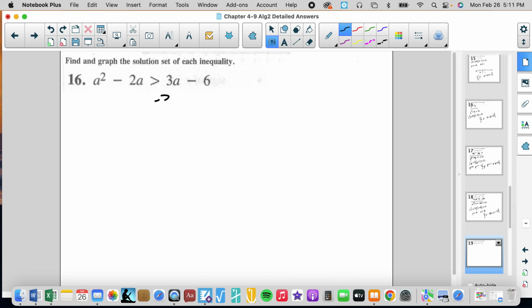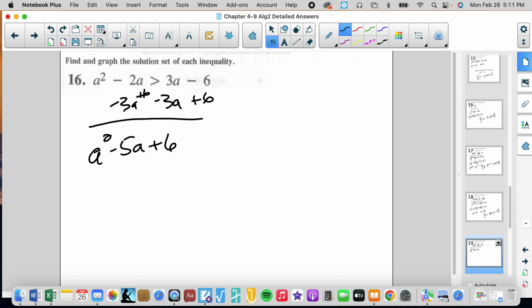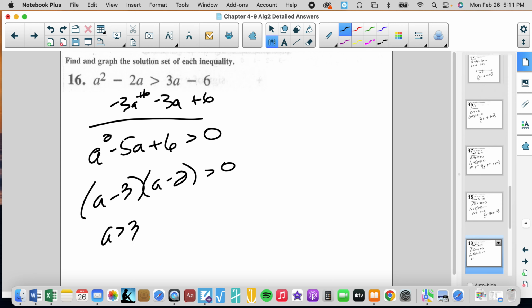Numerical order. Minus 3a plus 6, minus 3a plus 6. A squared minus 5a plus 6 is greater than 0, so it has to be positive. A minus 3, a minus 2, greater than 0. A is greater than 3, a is greater than 2.